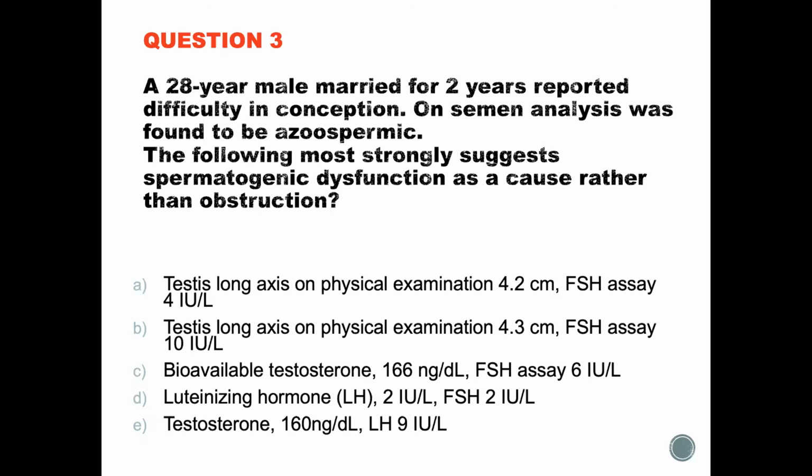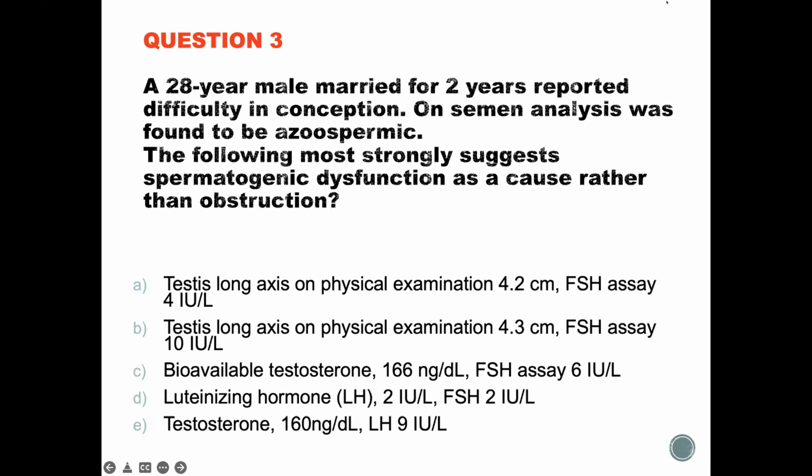If you have 3 centimeter or less long axis, that is definitely low volume. 3, or some people would say 2.5 to 4 centimeter, is borderline. So it is a surrogate for testicular volume. Of course, the more ideal way is an orchidometer, or currently we rely more on ultrasound. So 4 centimeter is definitely normal.